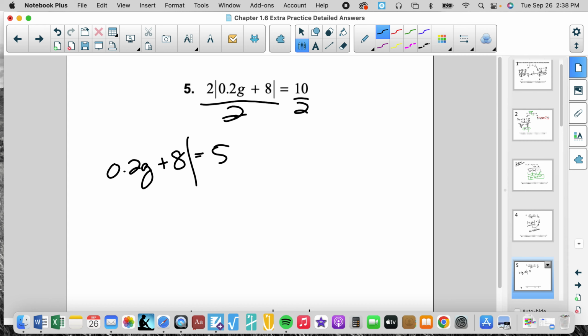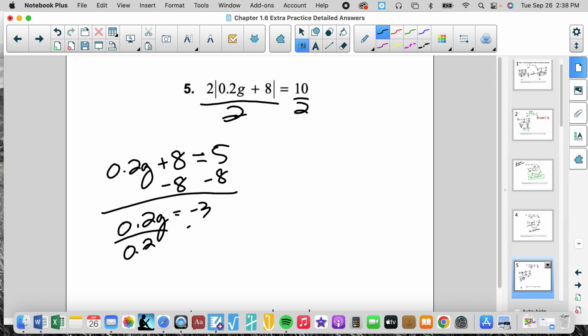So we're going to get plus or minus that. So if we subtract 8, 0.2g equals -3, right? -8 and +5, and divide by 0.2. There are 5 of those in each. So g equals -15.